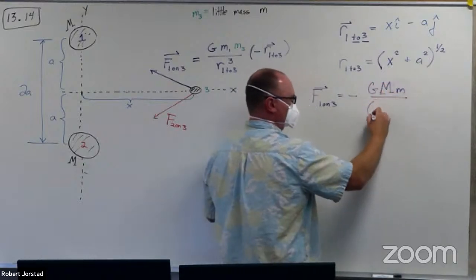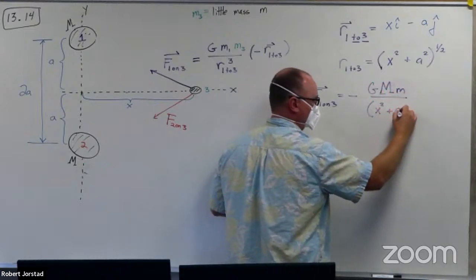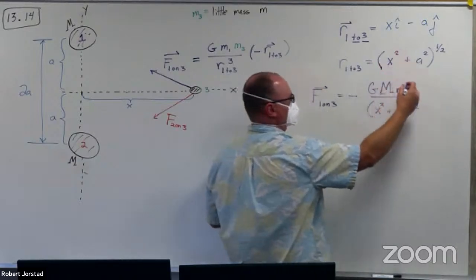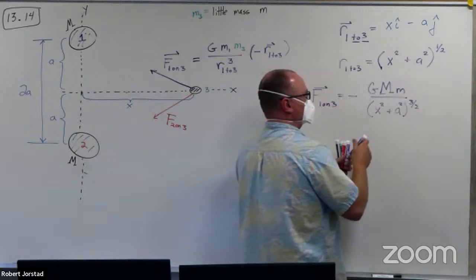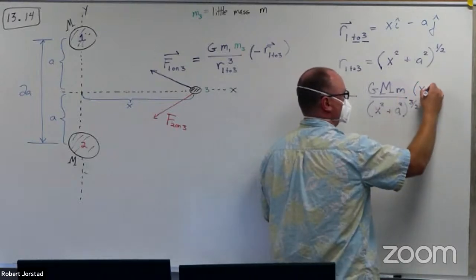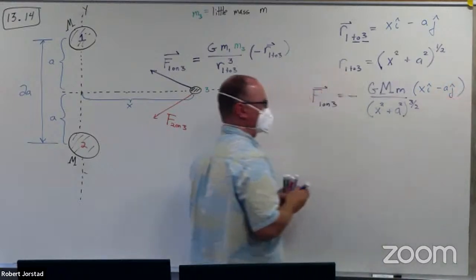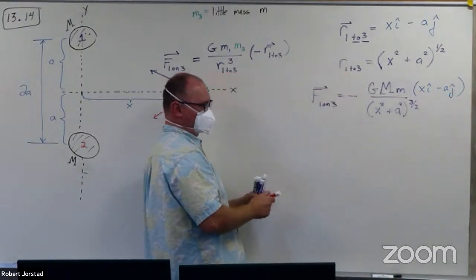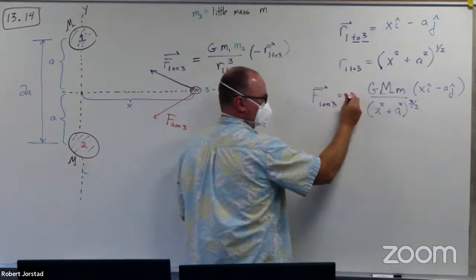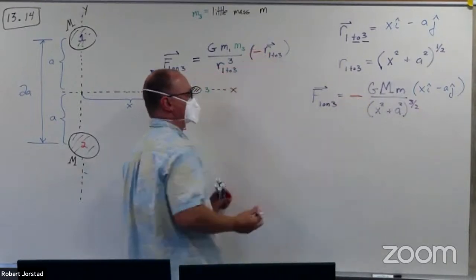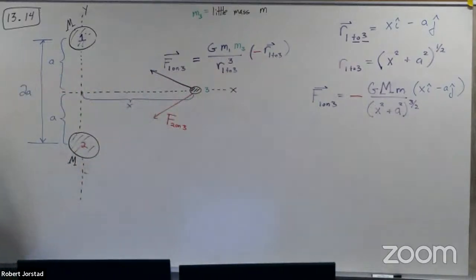Then we're going to have this, and then we're going to have... and just so that this minus sign pops, I'm going to redraw it in red. Everybody cool with that?